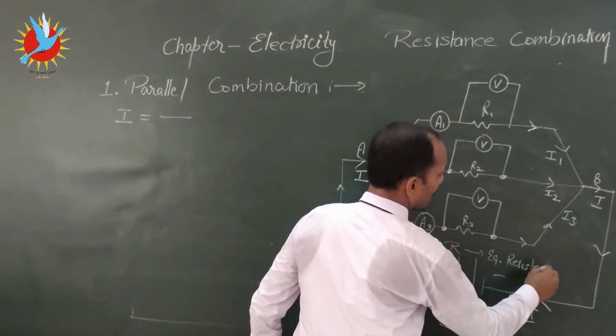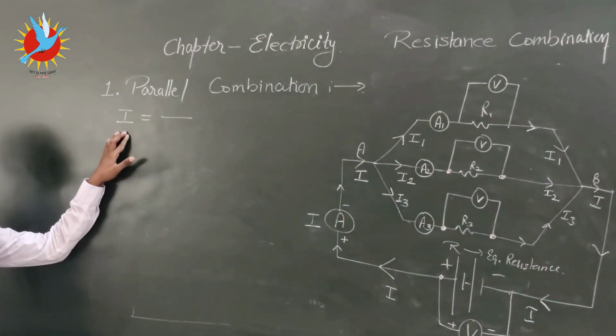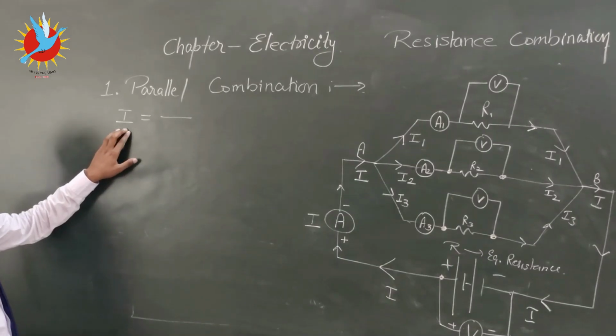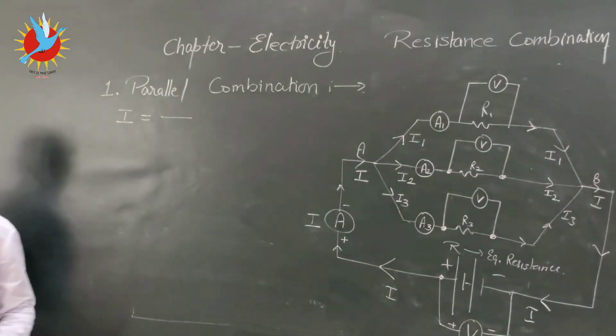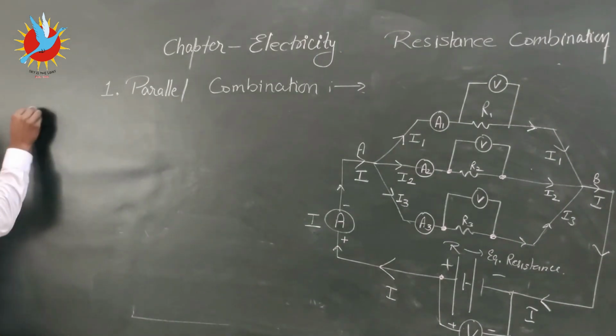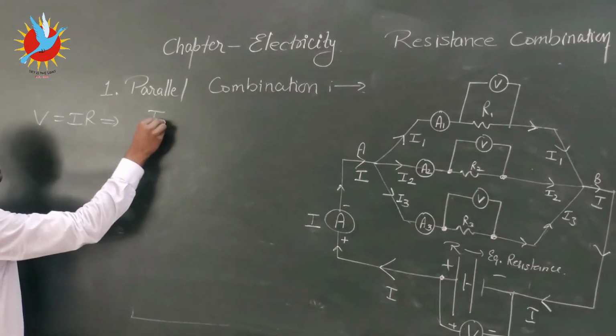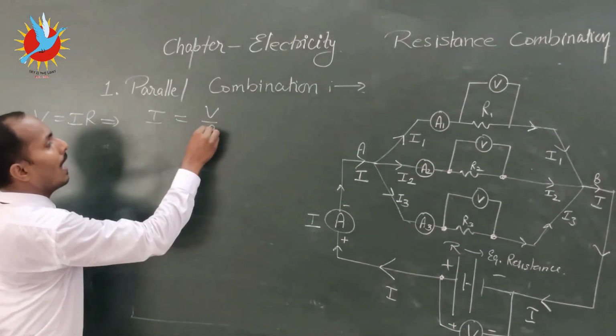Then what is the total amount of current in the circuit? From Ohm's law, V is equal to IR. So our I becomes V by R.